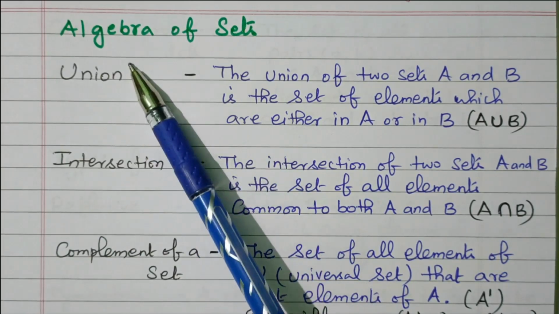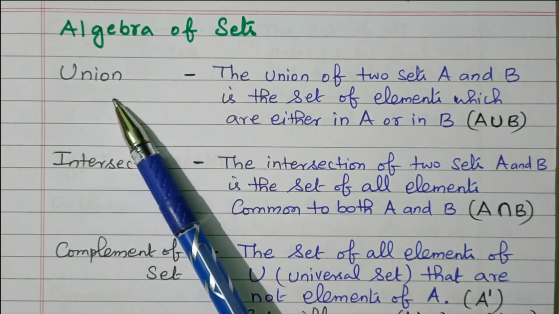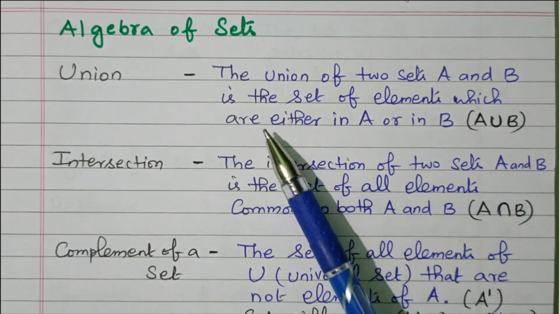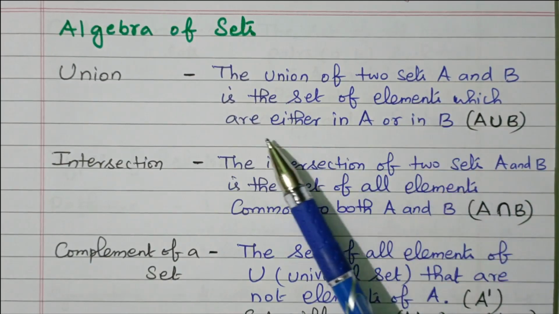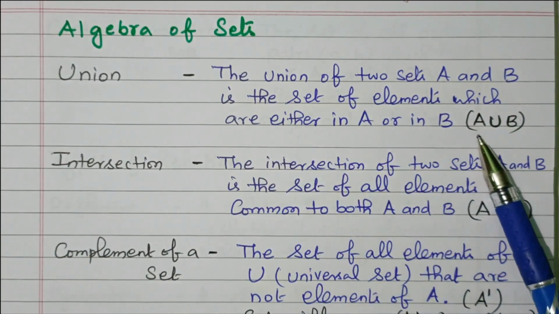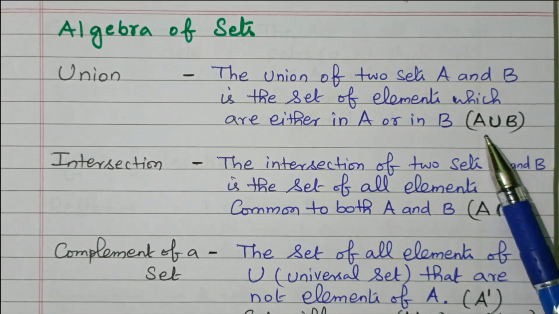Now we'll go to the algebra of sets. First one is union. The union of two sets A and B is the set of elements which are either in A or in B. So this is simple. What is A union B?